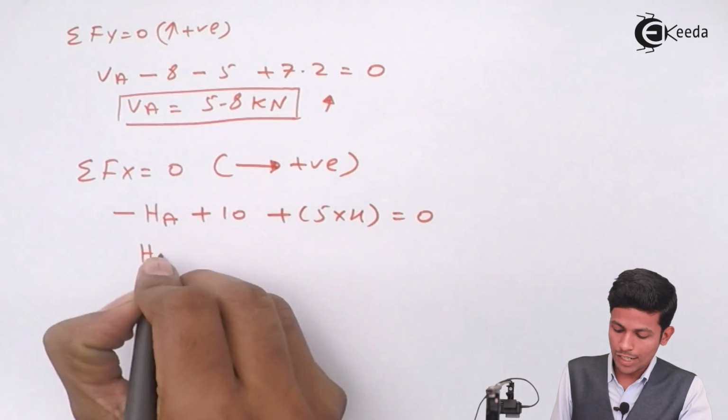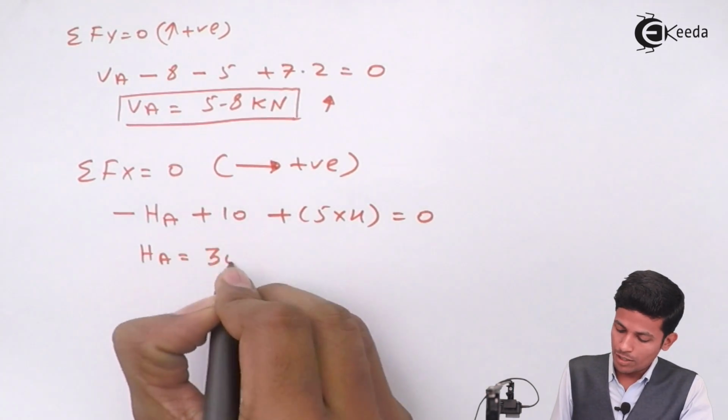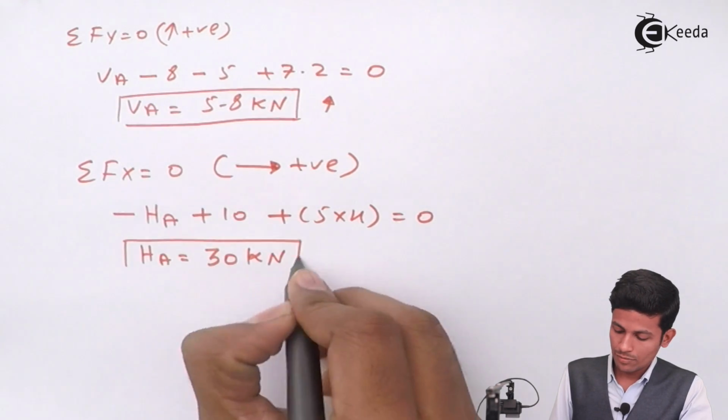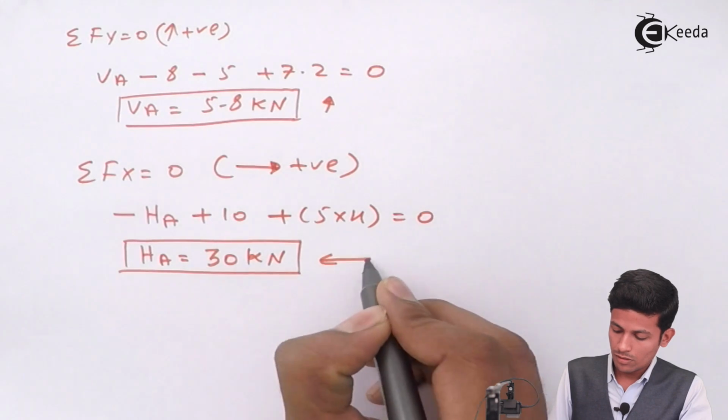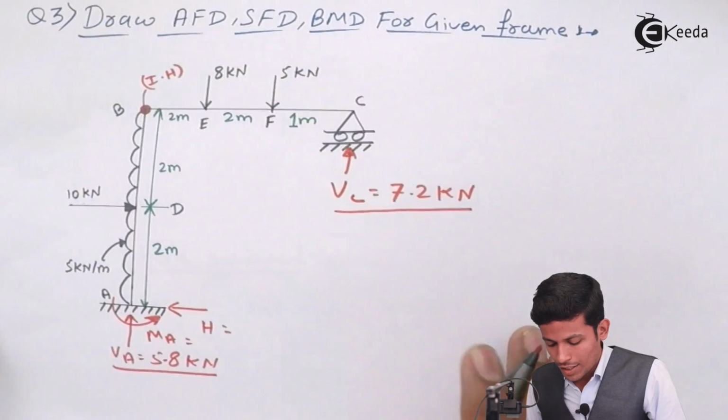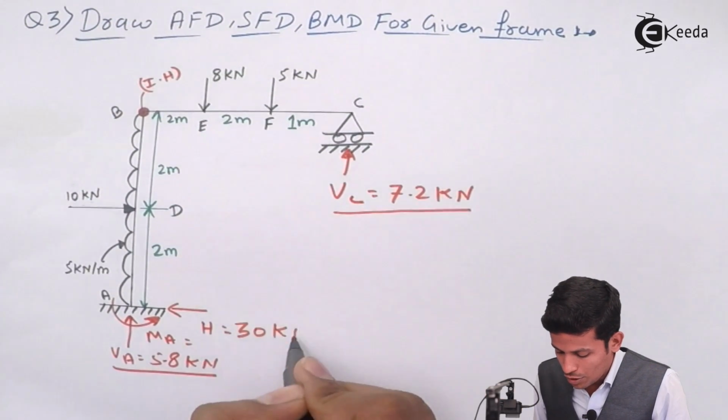While solving this, you get the value of HA as 30 kilonewton. Our direction is correct. Now apply over here 30 kilonewton.